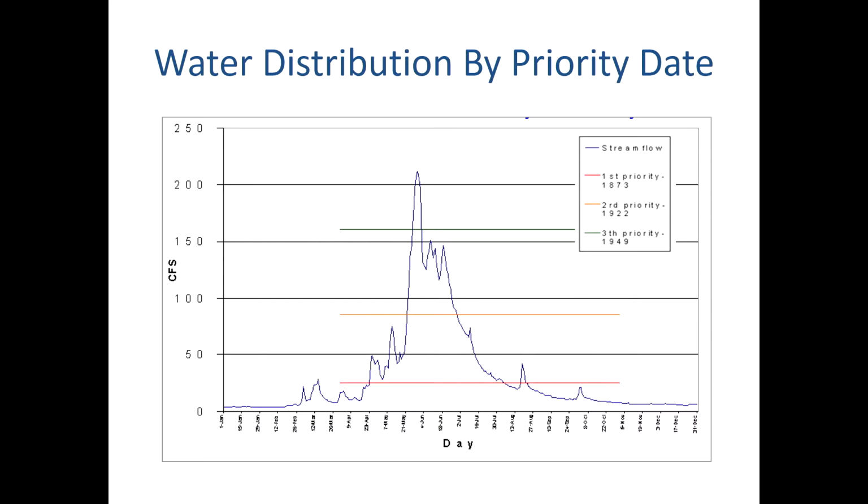You can see that during most of the year, that early priority right does get satisfied. Not all the time, but most of the time. The water right with a 1922 priority gets satisfied less of the time, and that water right with a 1949 priority really only gets satisfied when they're in a flood stage. This is why the priority is important. If you have that 1949 priority, obviously it's of less value than that early 1873 priority.